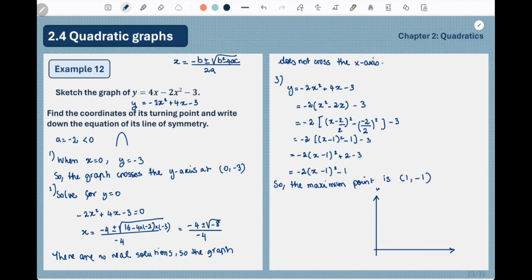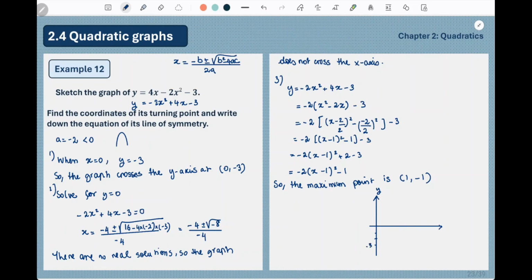So this is my y-axis, this is my x-axis, this is the origin. So we said it looks like this. When x is equal to 0, y is equal to minus 3. Oh no, we need space down there. So 1, 2, 3.